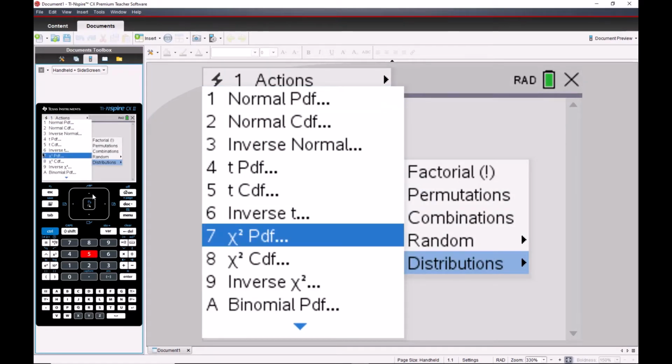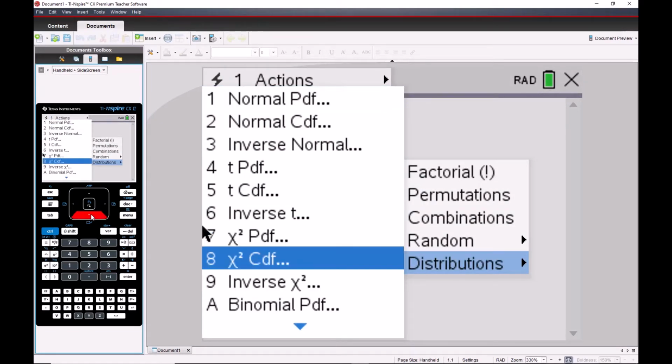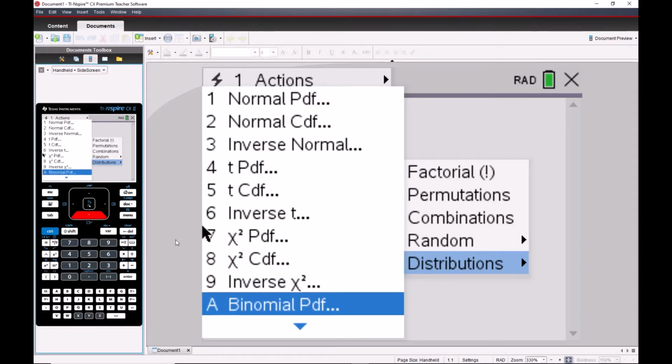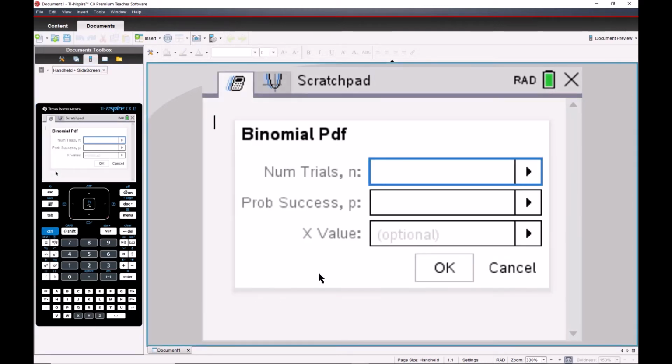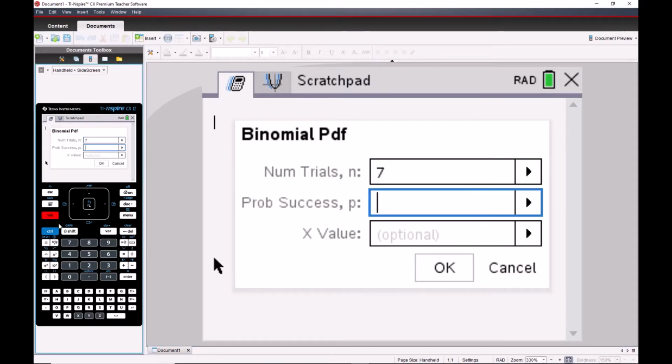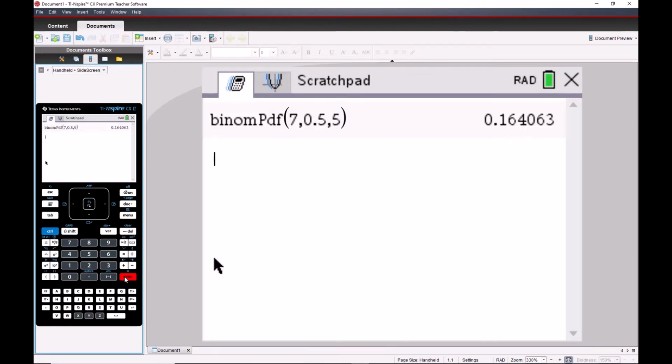And we're going to have to look for binomial PDF, which is right there. All right, and so n is 7 because it was out of 7 births, and the probability of success is 0.5, and we're looking at exactly 5 girls. So hit OK, and there's your probability.